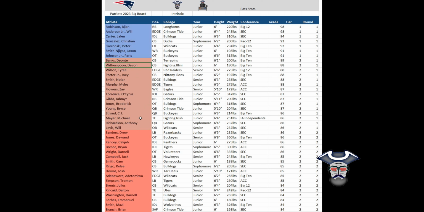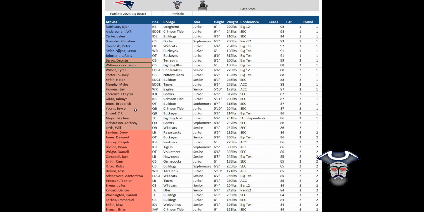A corner or an edge, right? Got some corners up there, got an edge up there. Unless a lot of people want corners or edges, I think this is what they'll go after. Corner is a top tier concern. Edge is a second one, but it needs to be addressed.